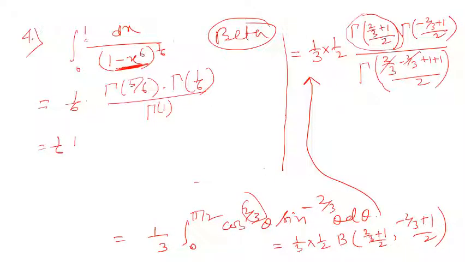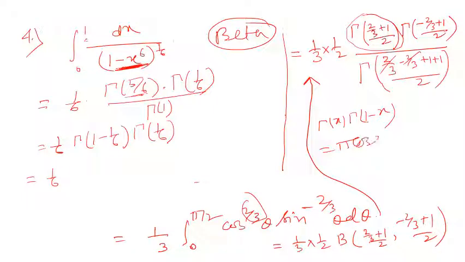So 1 by 6 of gamma of 1 minus 1 by 6, and gamma of 1 by 6, and look at the formula: gamma of (1 minus x) times gamma of x equals pi cosec pi x when x lies within 0 to 1.